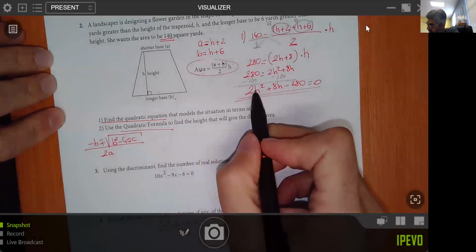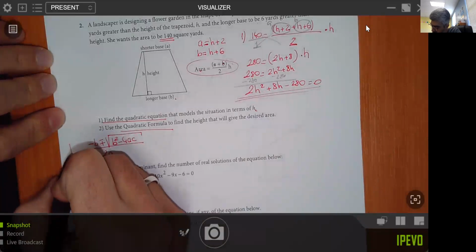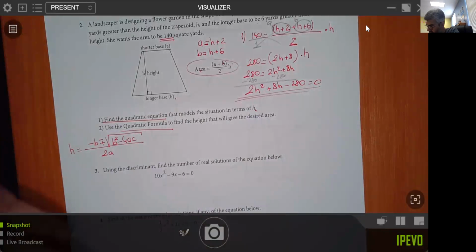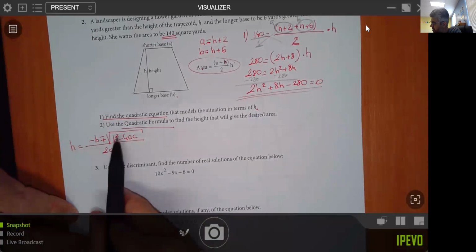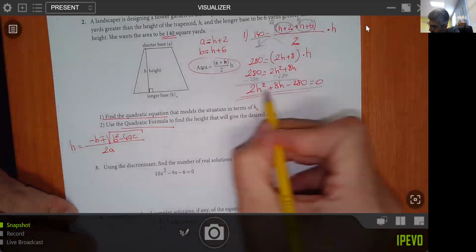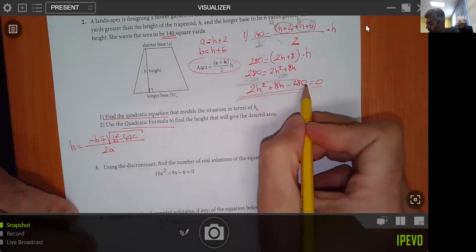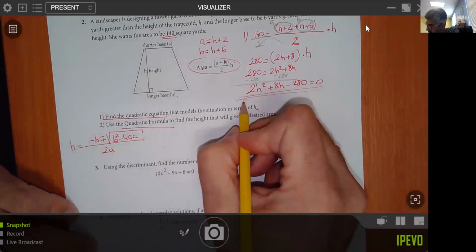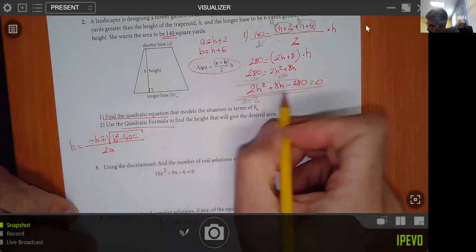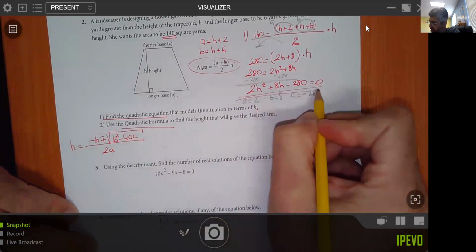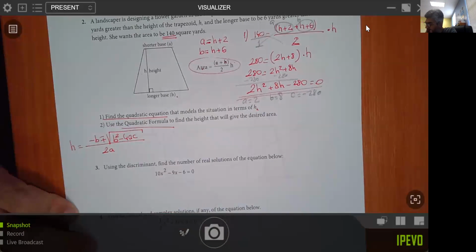So here the variable is h. So this formula helps me to find the h values. We need to know a, b, c from this quadratic equation. It's not given, we found it. So what are the coefficients? A is 2, b is 8, and c is negative 280.